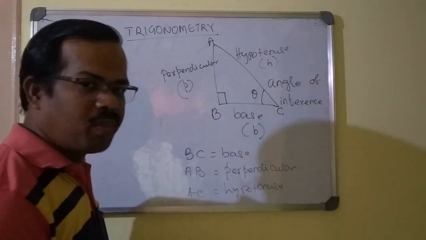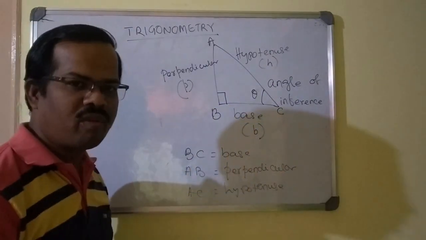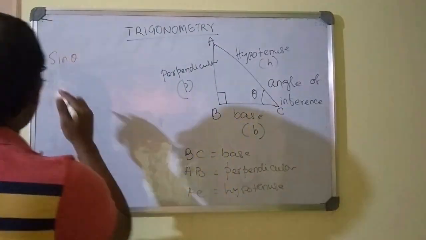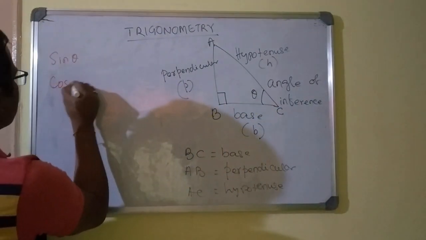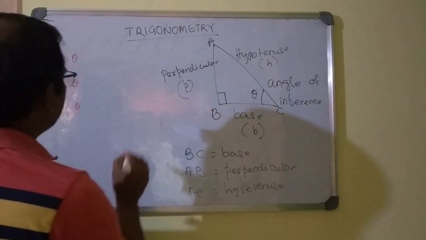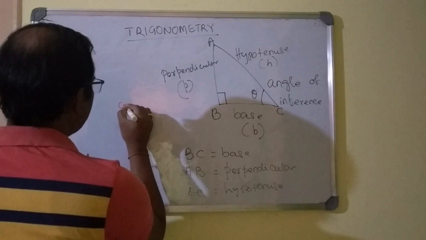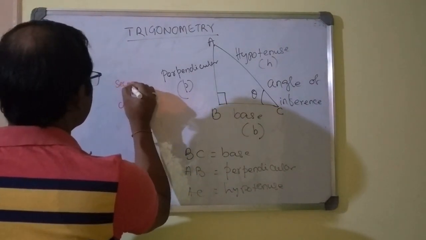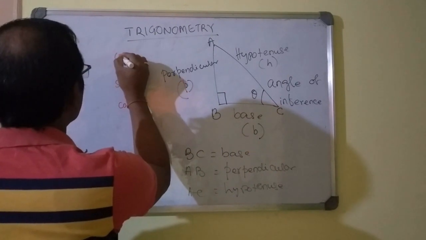I am going to represent all these six in a tabular form so that it will be very easy for you to remember. Now, sin theta, cos theta, tan theta I am writing on one side. On the other side I will write cot theta, then sec theta, and then cosec theta.